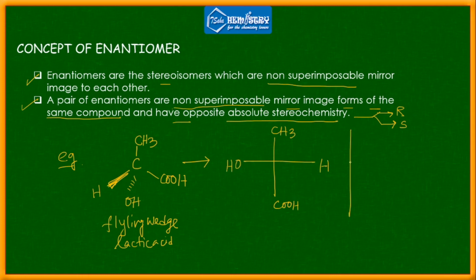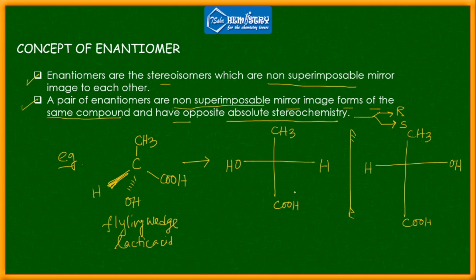Now if you place a mirror, then you get a mirror image of this lactic acid. So you get this compound: CH3, COOH, H should be placed over here and OH should be placed over here.